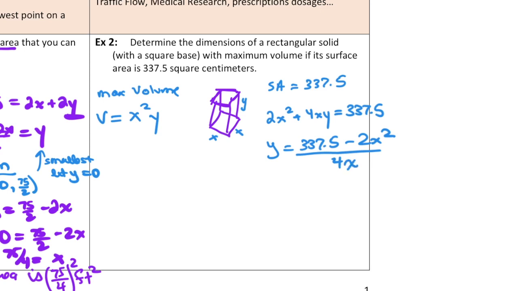Now, why did we do that? We wanted to substitute into the volume equation because we need to make it a one variable expression. So volume equals, distribute x squared. We have x squared times our y, which is 337.5 minus 2x squared over 4x.